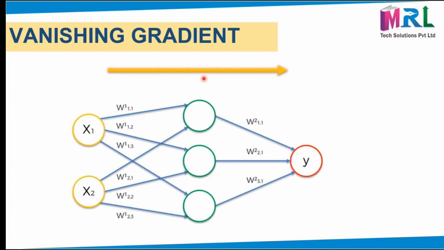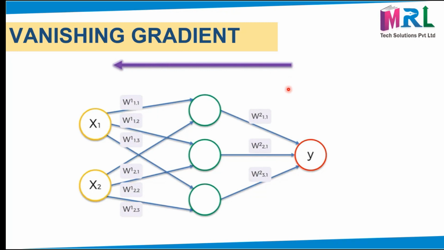How the vanishing gradient works is, we send the inputs with the weightage into the hidden layer, and the hidden layer sends the data into the output layer with some weightage. Okay, all those things are connected. We have the activation functions with that. First this is called a feed forward from input to the output layer. And then there is another thing. After you have the output, it will be compared with the actual value.